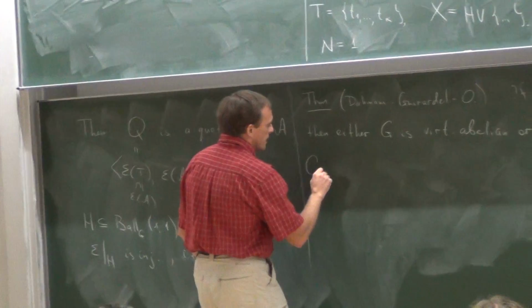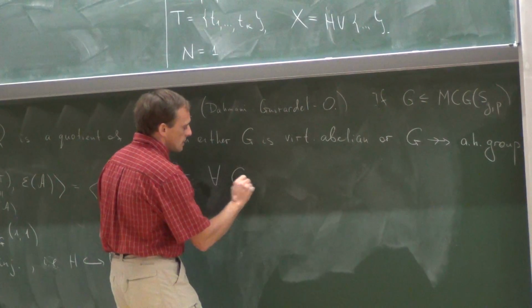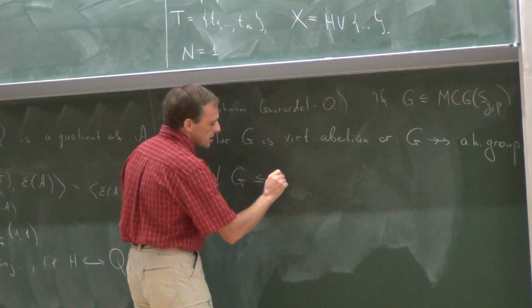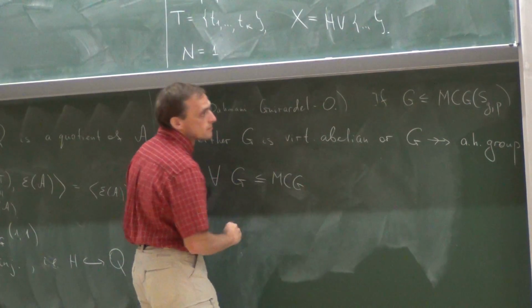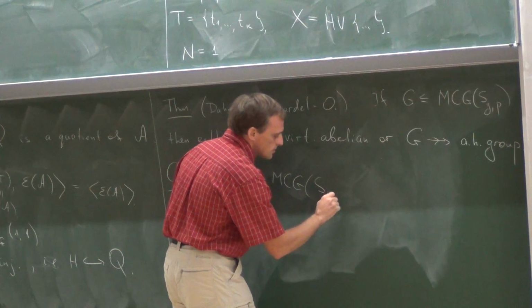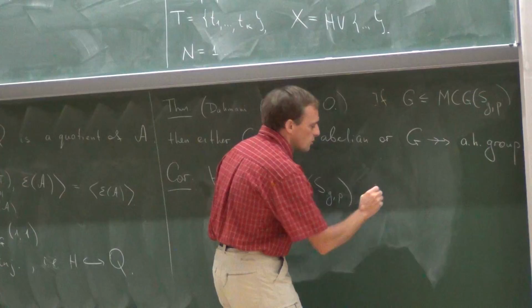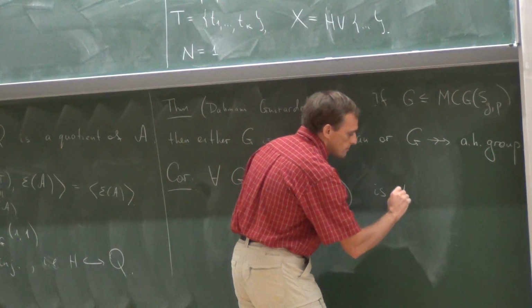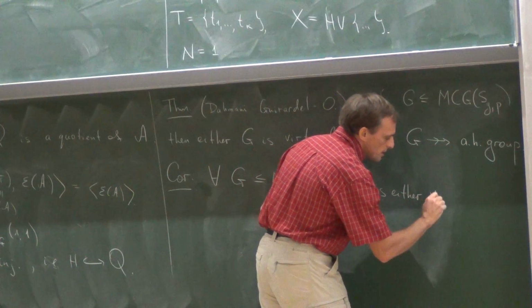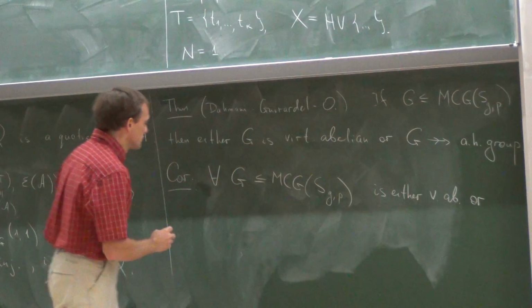Now here's a corollary of this. For every subgroup of the mapping class group of a punctured closed surface, every subgroup is either virtually abelian or SQ universal.